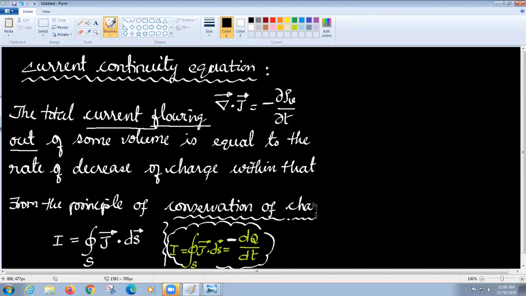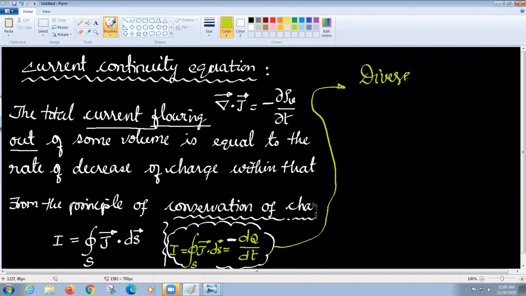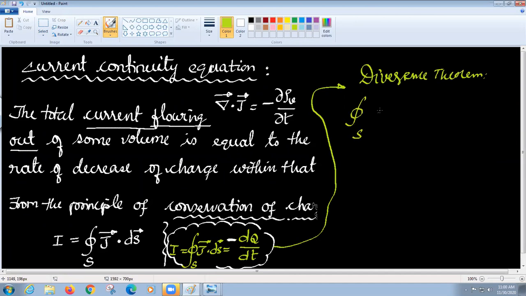If you want this in point form, just go to the divergence theorem and he will take care of this. To convert integral form to point form, the closed surface integral of J dot ds becomes a volume integration of divergence of J dV, according to the divergence theorem.